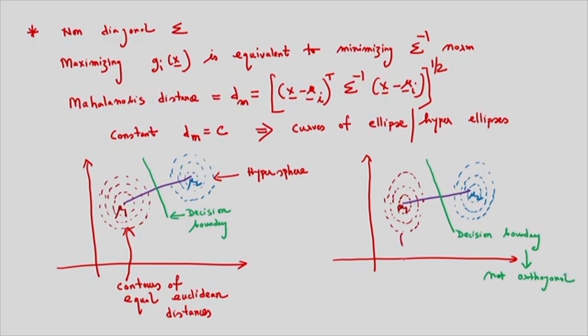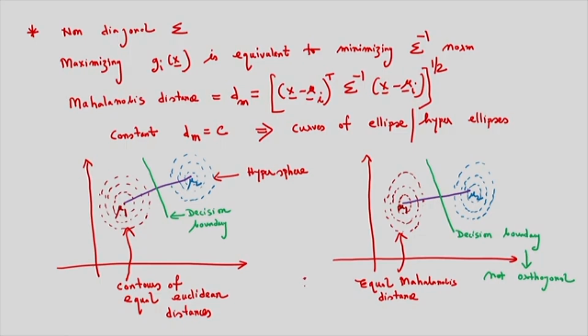So if you see, these are the contours. These contours, you can see these are the ellipses. In two-dimensional, these are the ellipses. So that means in this case we are considering equal Mahalanobis distance. These are the contours of equal Mahalanobis distance.